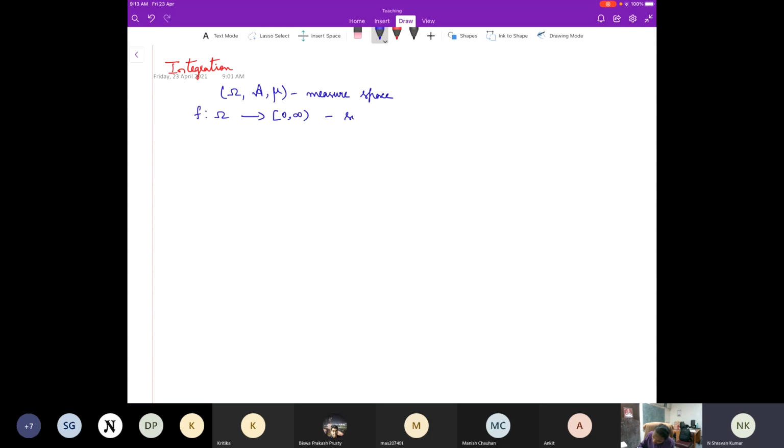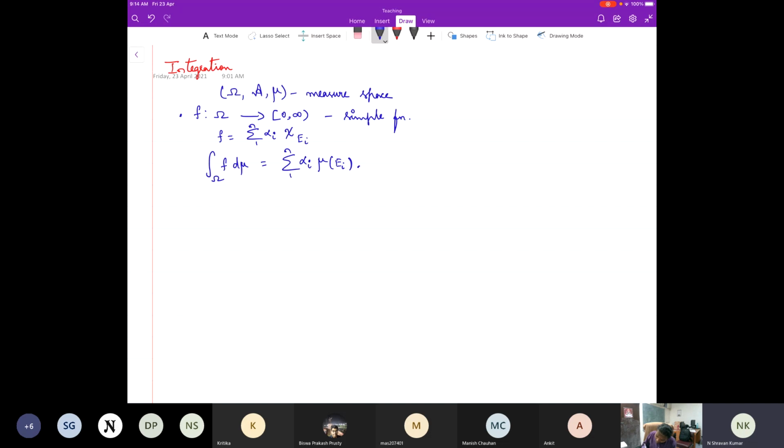So this is a simple function, and once you know that this is a simple function, there is a natural way to write this. This is the canonical representation, and therefore the integral of this is defined as the summation from 1 to n of alpha_i mu(E_i). So this is how it is defined.